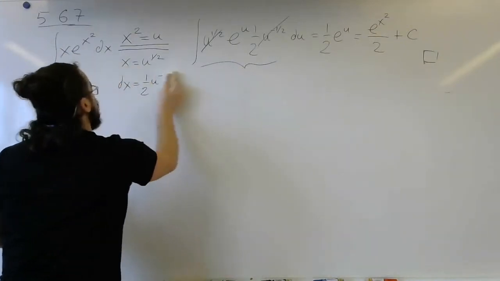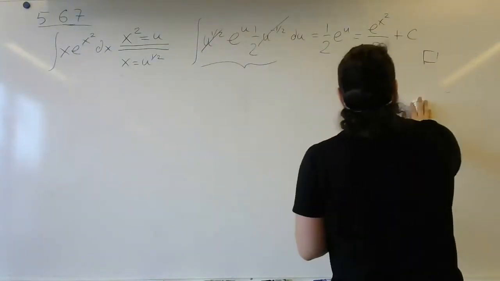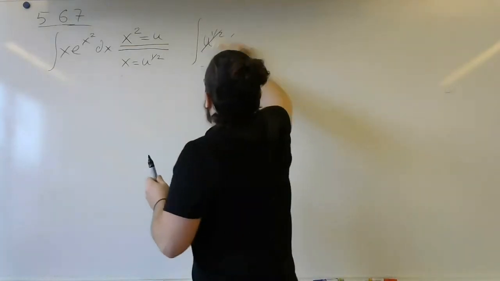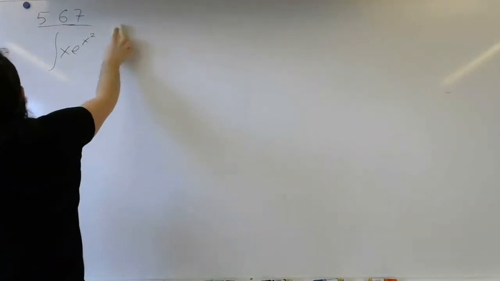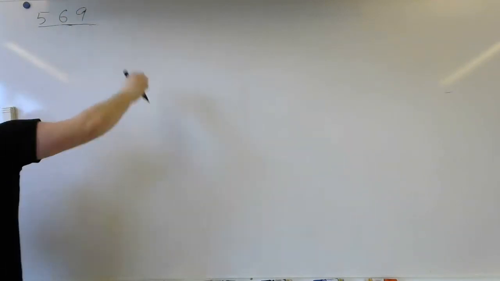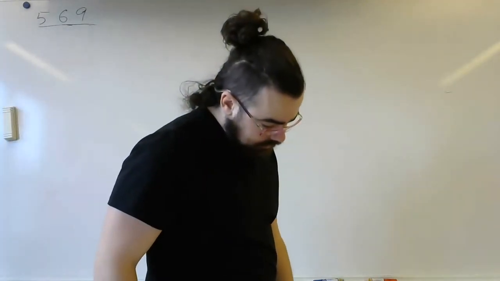Now, the next intuitive question may be, how do we choose the substitution? And I will probably make myself this question many times today. A good way to start is to think of what the most complicated part of the integral is and trying to smooth that out. So number 9.